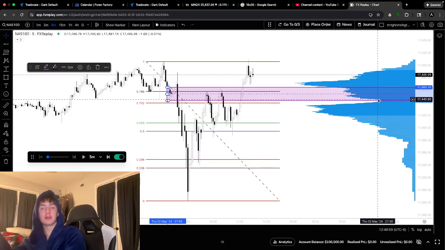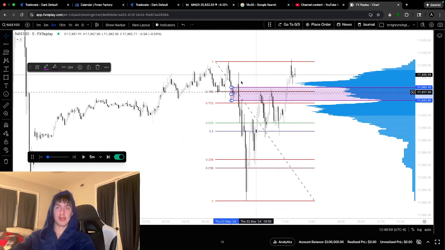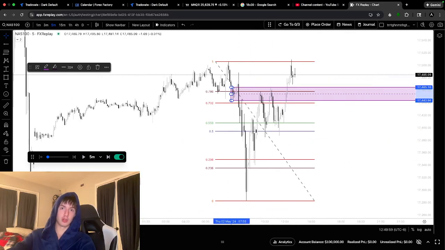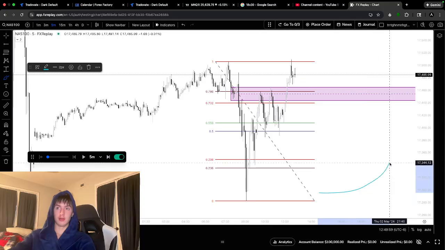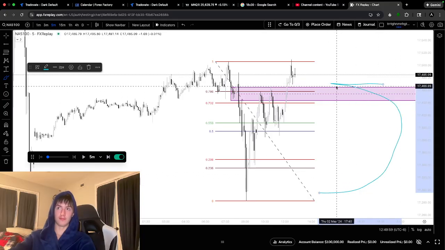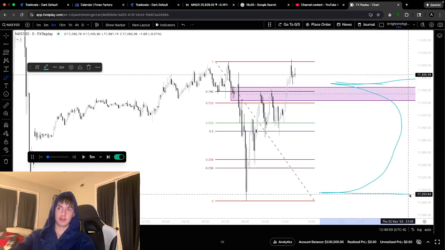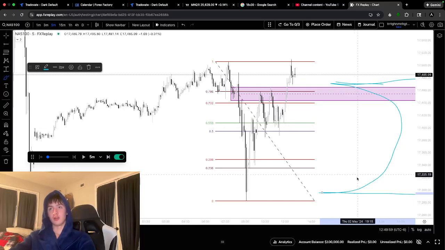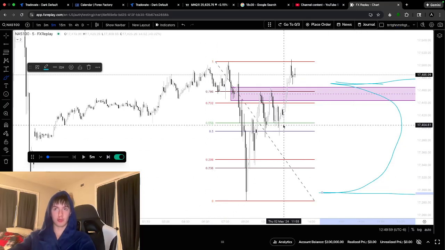Not too big, because if it's too big, it's going to want to fill the whole thing. Sometimes there'll be a massive move like this, and the low volume node will look like this on the side, and it's kind of hard to judge where price is going to react.